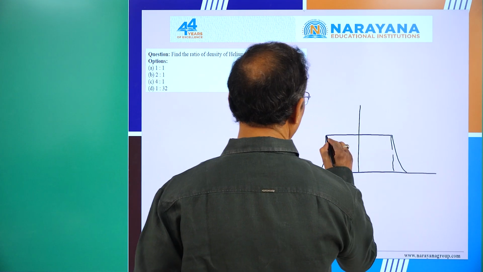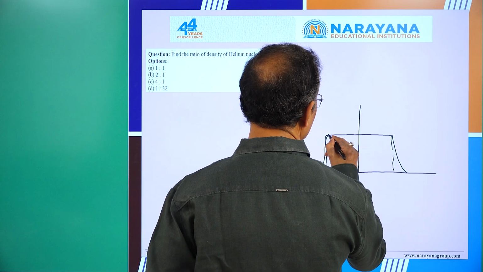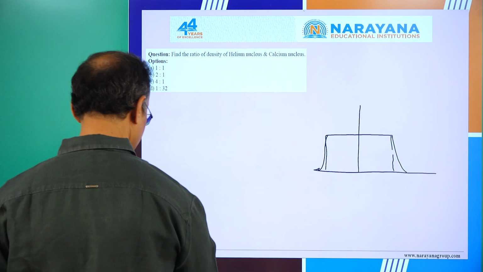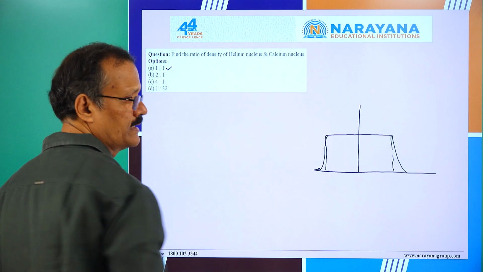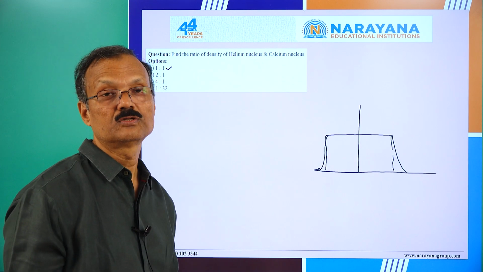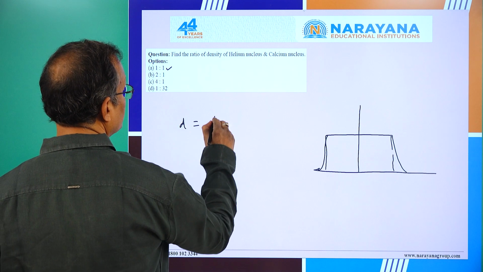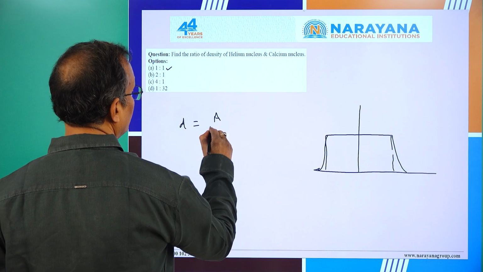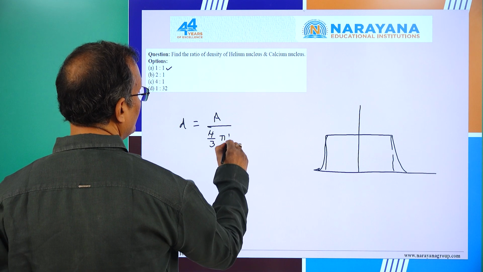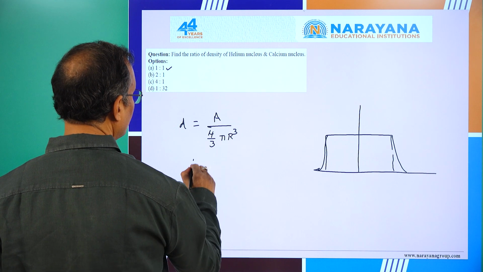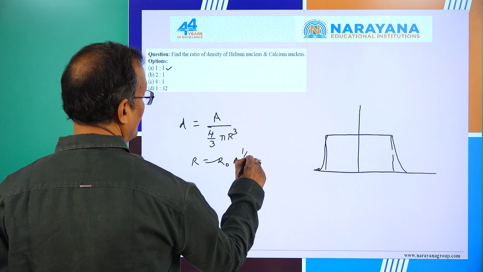Only here and here slight changes there, whether nuclear density always remain constant. Okay, so I can directly take 1:1. If you want to find by density formula, this will become mass by volume, 4 by 3 pi r cube, and r equal to r naught A to the power 1 by 3.